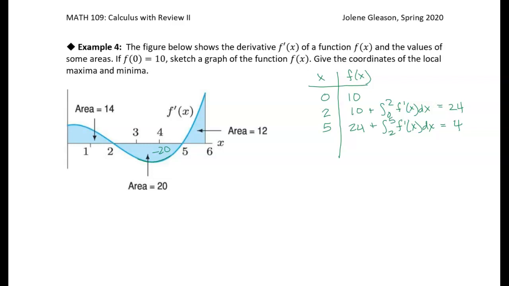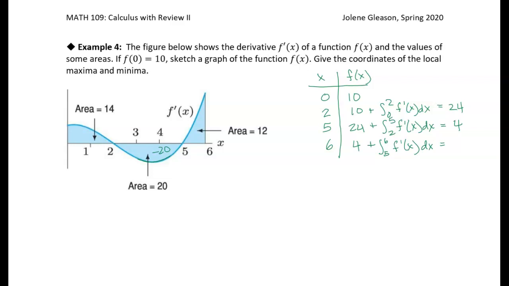All right. And then finally, we can also find a value at 6. We can take the value at 5 and add the area between 5 and 6. So we're adding the integral from 5 to 6 of f prime of x dx.